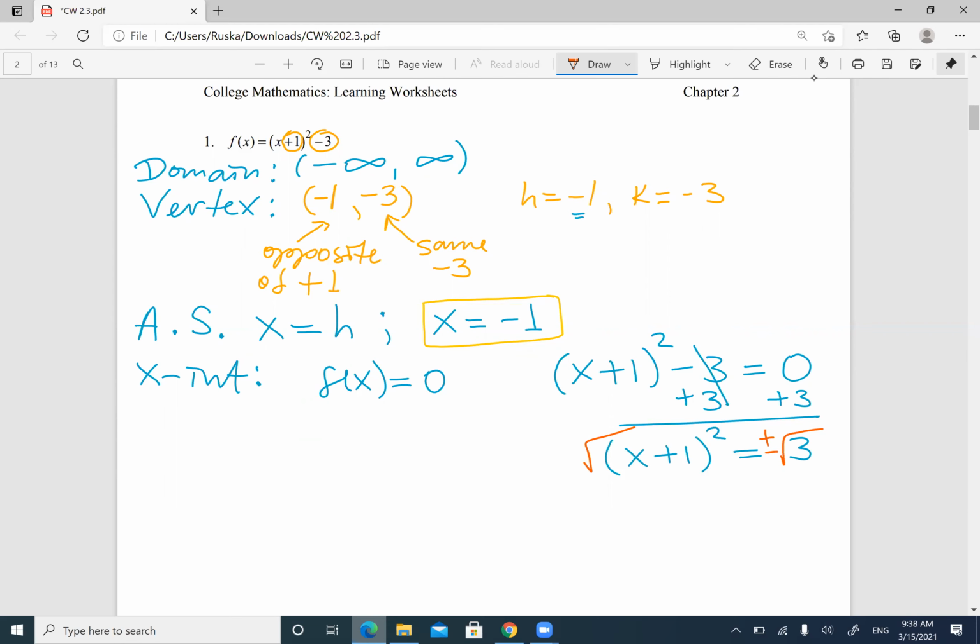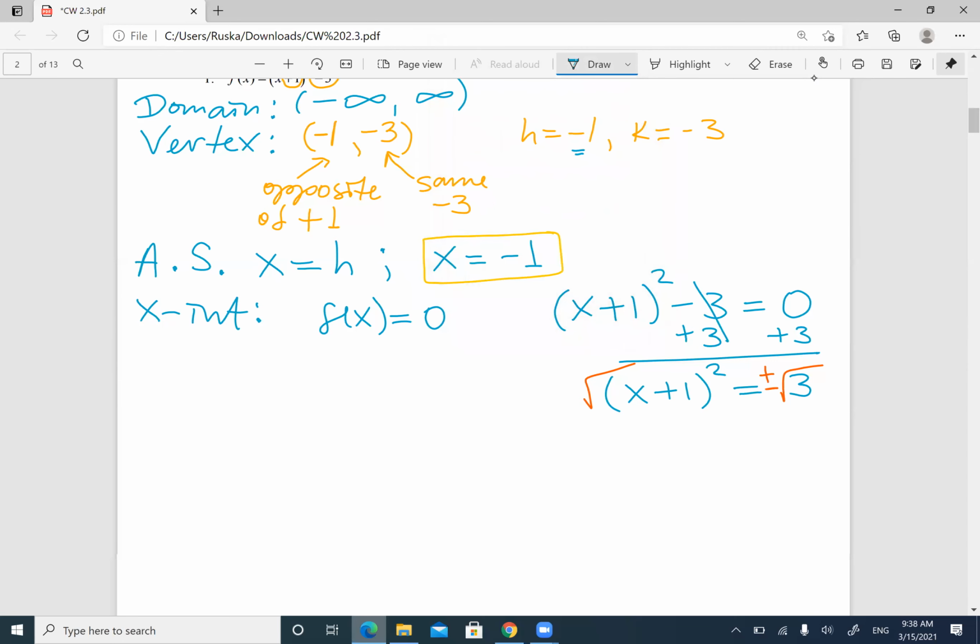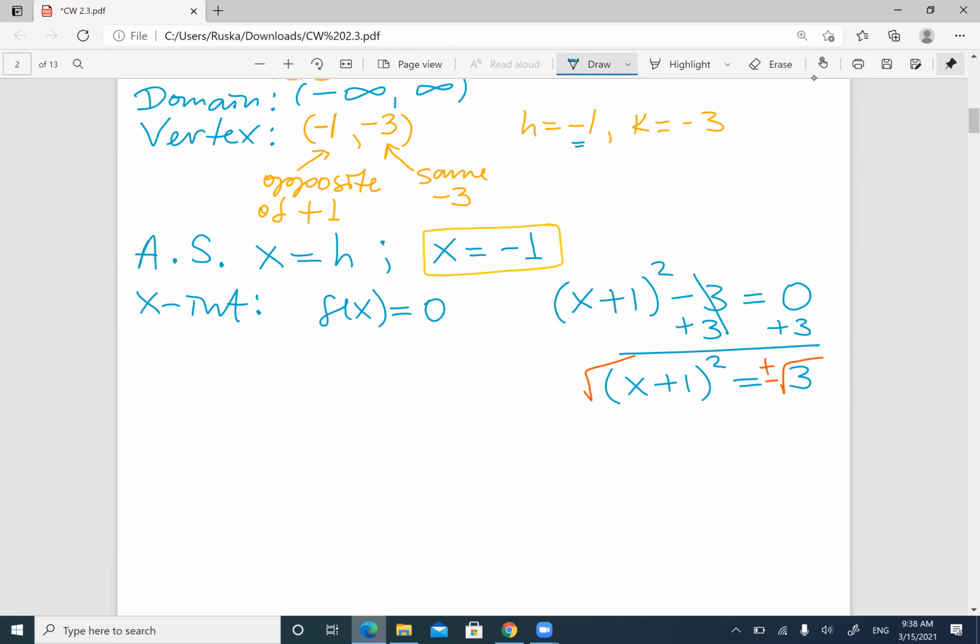That's how you get the two answers, correct? That's what we did before the spring break. So we're solving the quadratic equation with the square root property. So when you take the square root, the square cancels. So you have x + 1 = plus or minus square root of 3. Now the square root of 3 is not a perfect square.